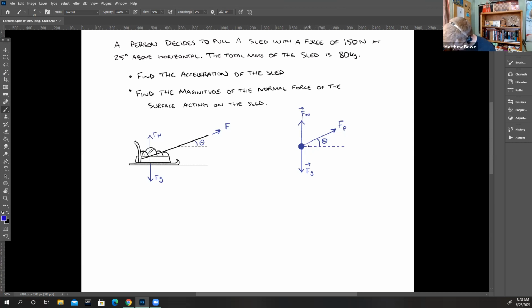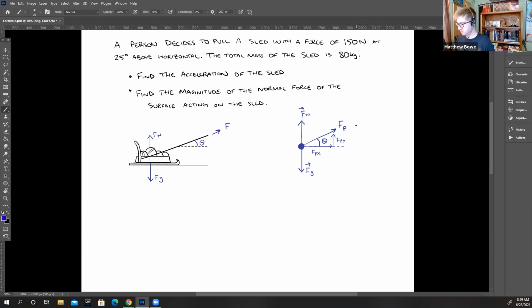I'm going to show that this force is made of a horizontal force, FP, the force of the person in the x direction, and a force upward like this, FPY in the y direction.